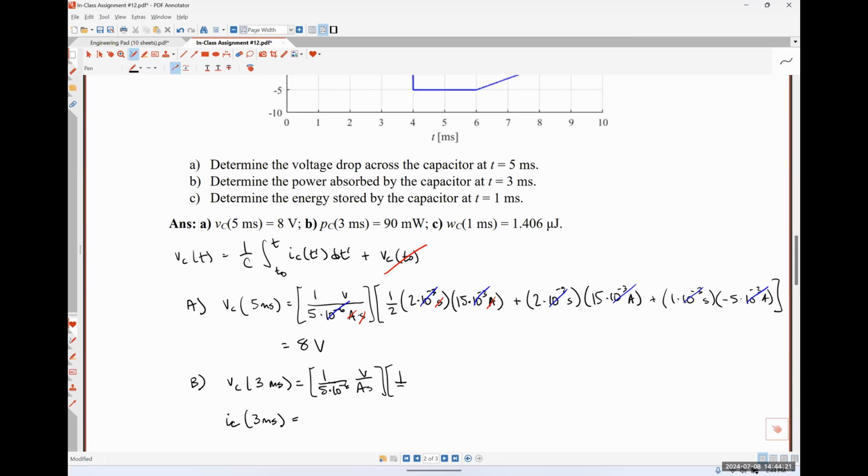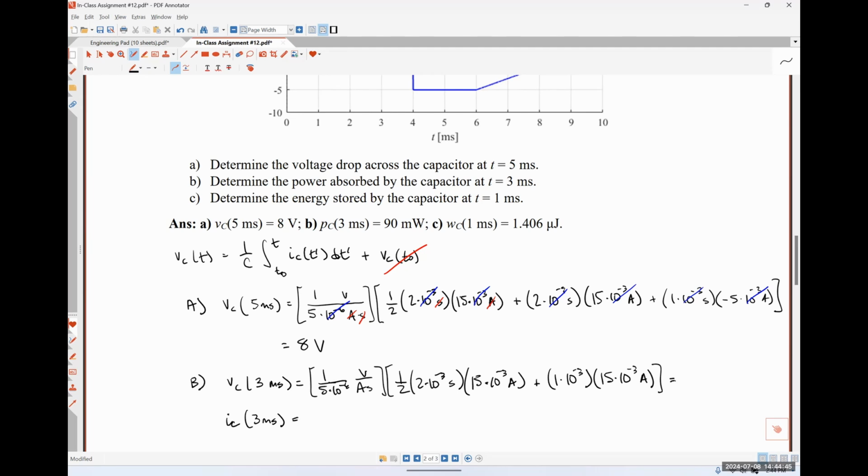Our area A1 is the same, so 1/2 times 2 times 10 to the minus 3 seconds times 15 times 10 to the minus 3 amps. Then area A2 is a rectangle, so our base is 1 millisecond and our height is 15 milliamps still.